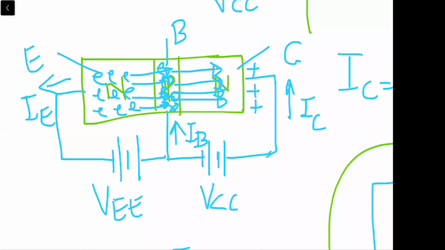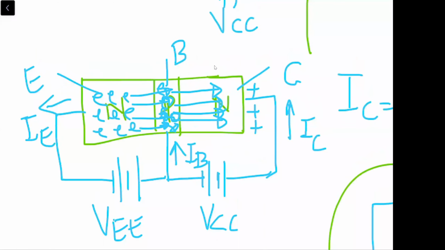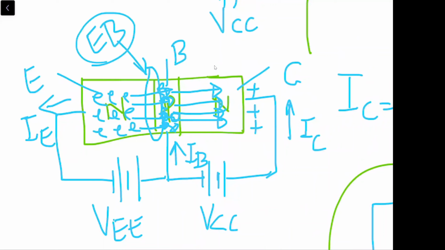In the internal diagram, we have said that the base-emitter junction needs to be forward biased, and to be forward biased, this means that the emitter-base junction over here will only conduct once the barrier potential is overcome, right?